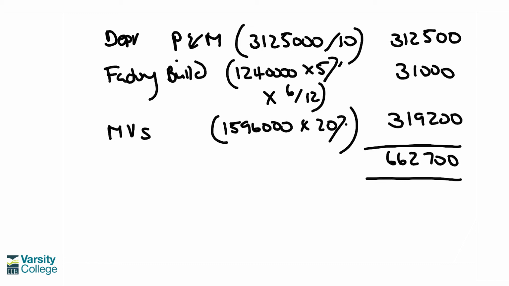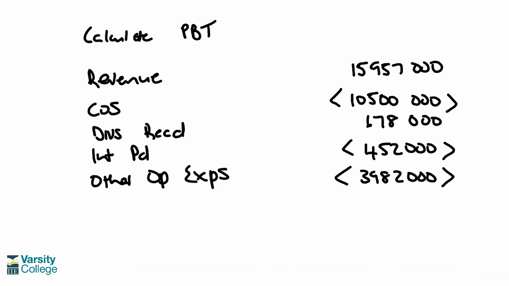Now that calculation probably is about 3 marks, and let's face it, it's a fairly standard first year depreciation calculation, so you should be able to nail the 3 marks very easily. So 662,700, we then subtract from our PBT.